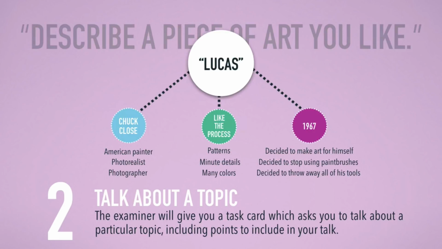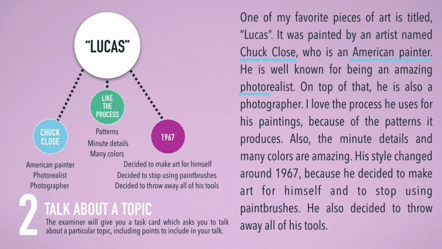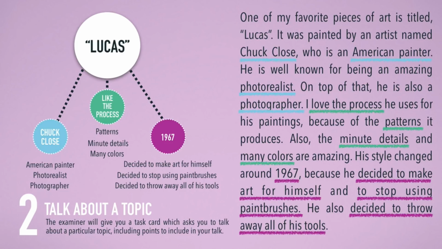And I gave 3 more details about that year related to the painting and the artist. I said, decided to make art for himself, decided to stop using paintbrushes, and also decided to throw away all of his tools. So when we see all of this information inside of our answer, it looks like this. You see, I have all of the information.